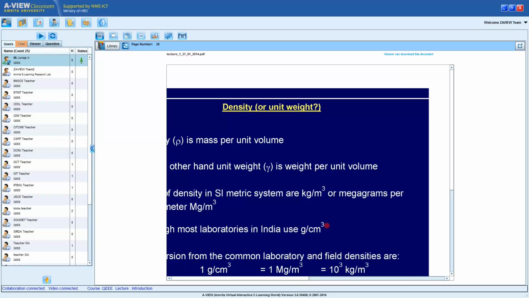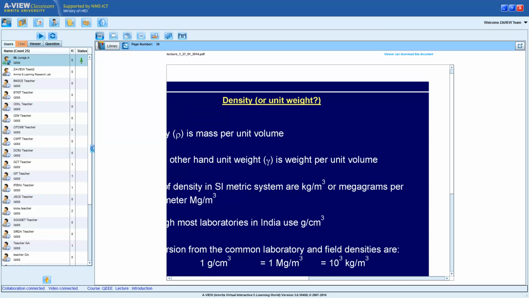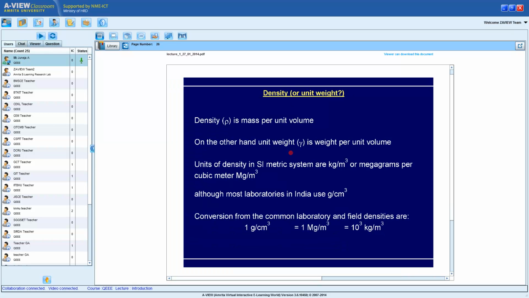Before I conclude today's class, I'd like to spend the next 2 minutes on something where we as engineers mix things up, and believe me, even our colleagues, even myself, we mix this up in our day-to-day practice. It is a term called density. Should we use the term density or unit weight?